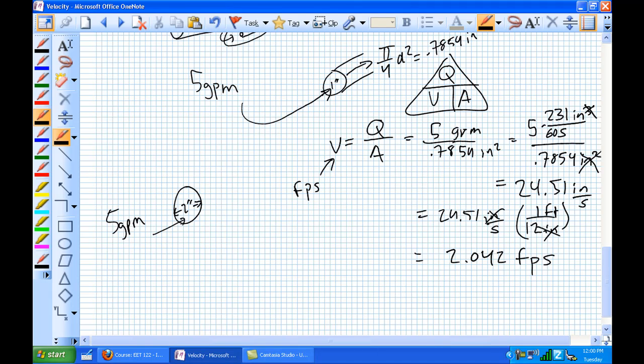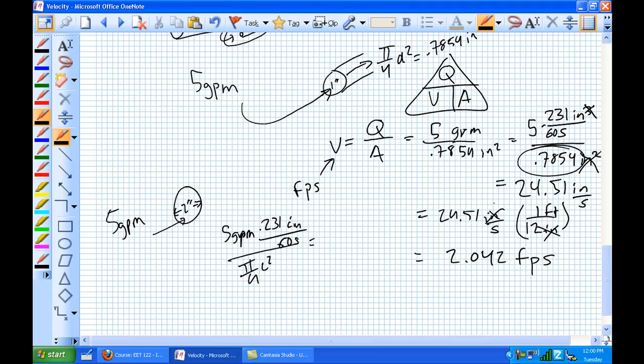Okay, how much does the velocity decrease? Well, it decreases by a factor of 4, and just run the numbers. Okay, 5 gallons per minute, still again 231 cubic inches per 60 seconds. What's our area? Well, the area is pi over 4, 2 squared.